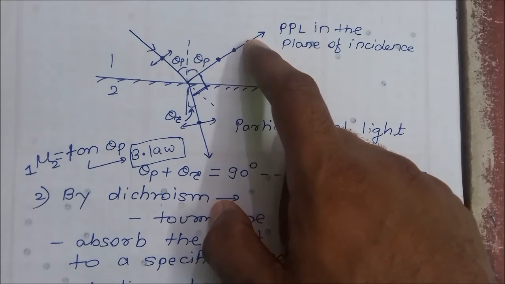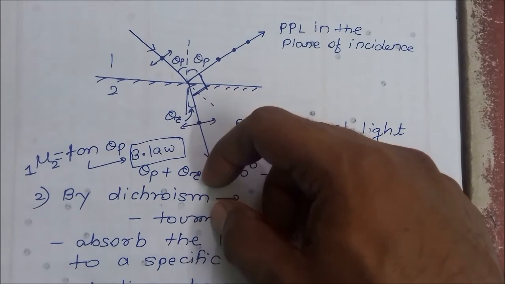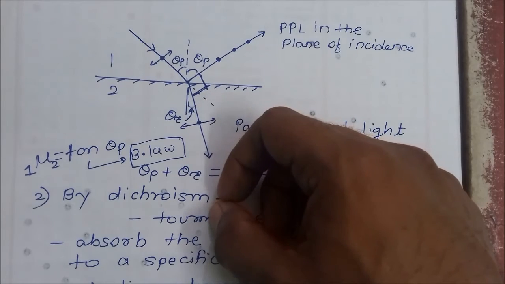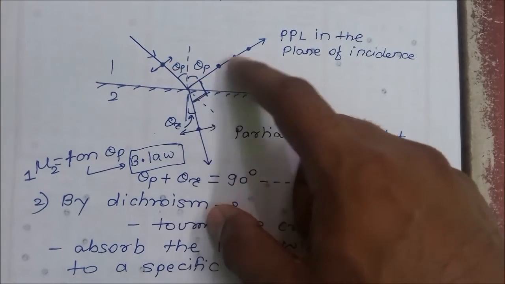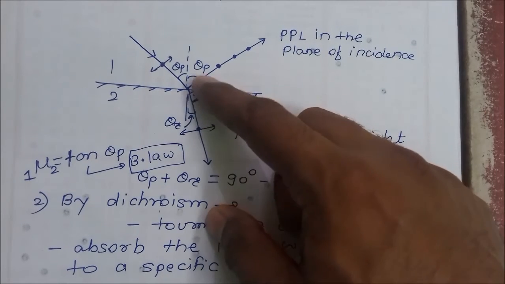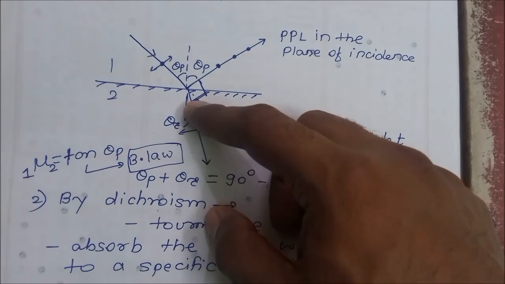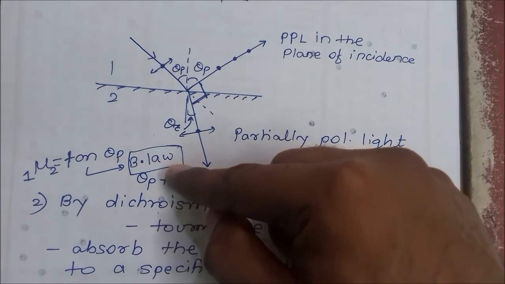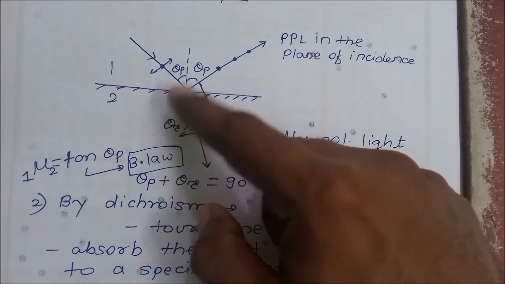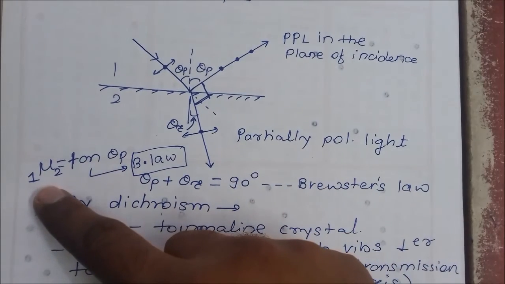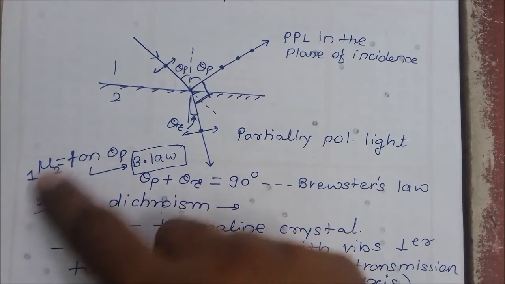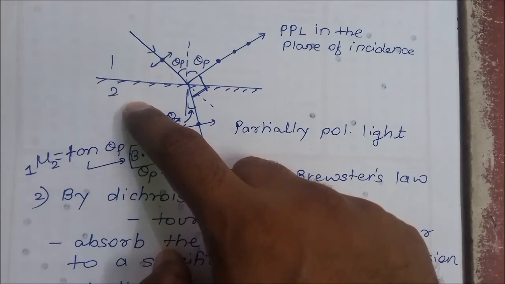That is called plane polarized light, and the refracted light is partially polarized. And at the polarizing angle, the reflected ray and refracted ray are at 90 degrees to each other. Brewster has given a relation for the polarizing angle, that is tan of theta p is equal to mu, tan of theta p is equal to mu of 2 with respect to 1. This is 1 and this is 2, material number 2.